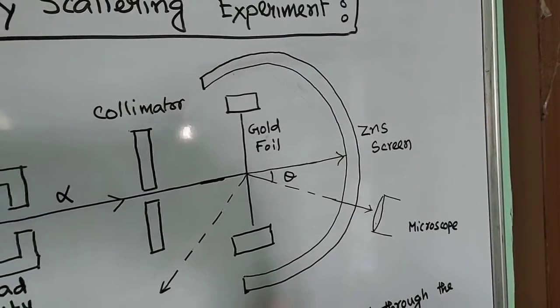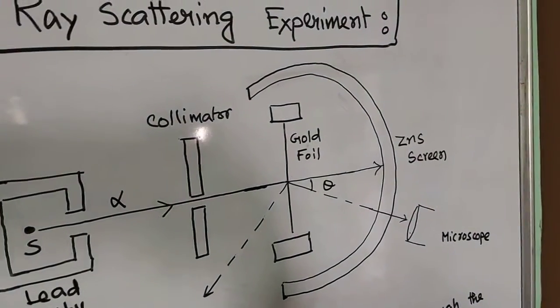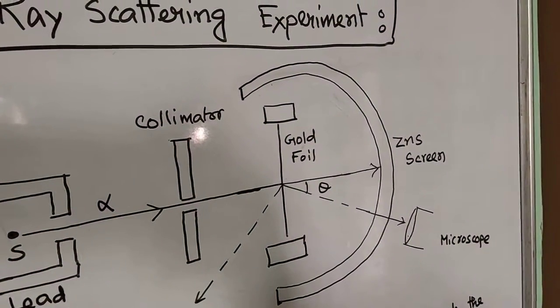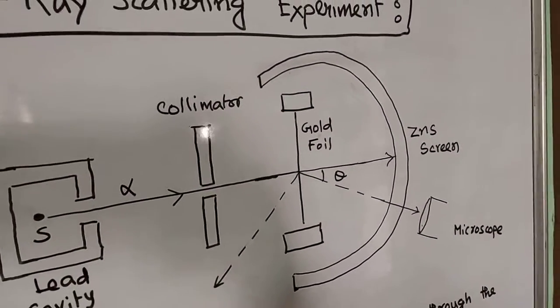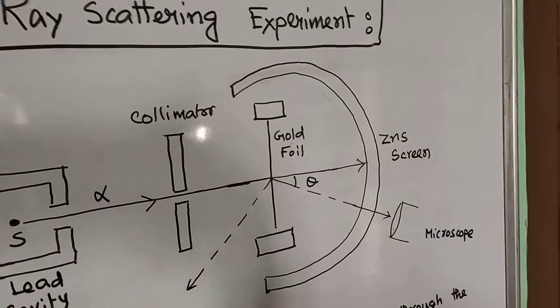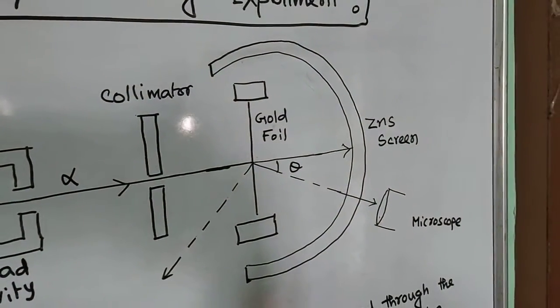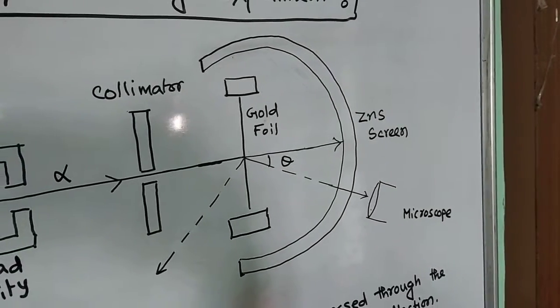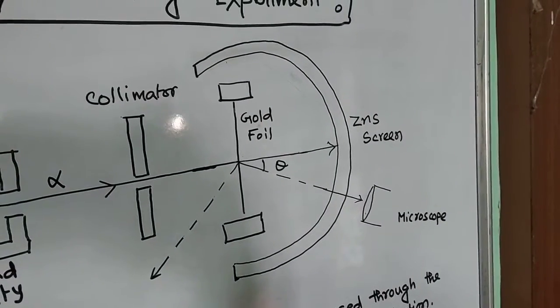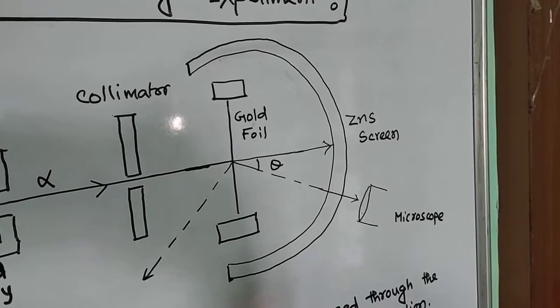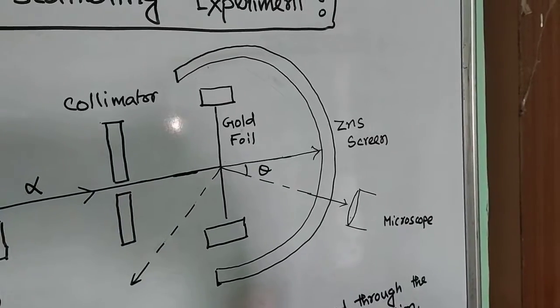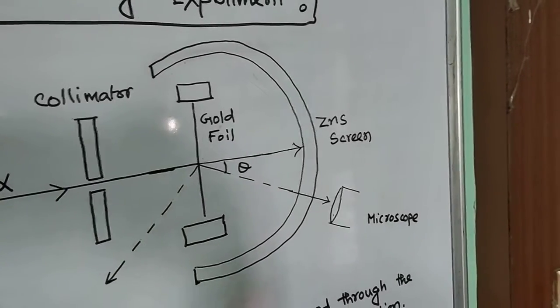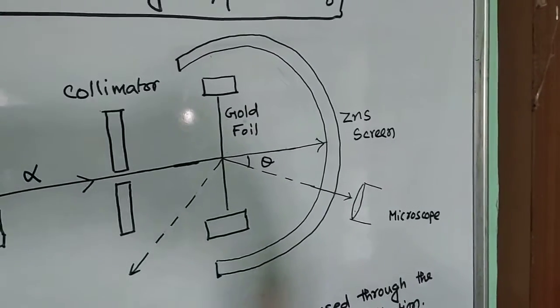Now what happens? Alpha rays move out from the source, from the lead cavity. They pass through the collimator, and after that they strike the gold foil. When they strike the gold foil, it is seen that some of the alpha particles pass through the gold foil and strike the ZnS screen. Now what is the use of the ZnS screen?